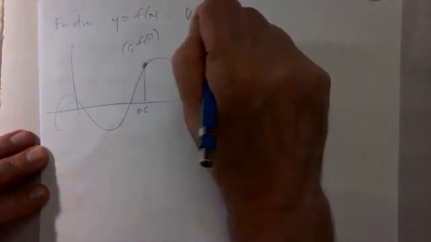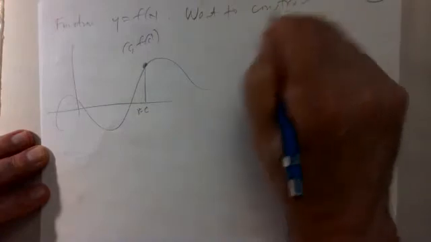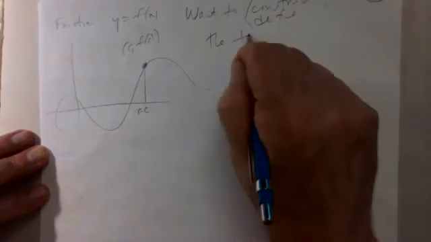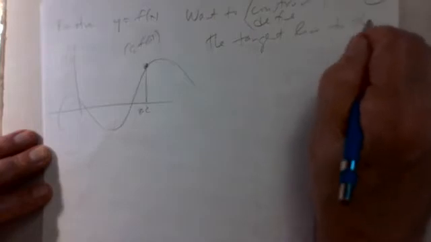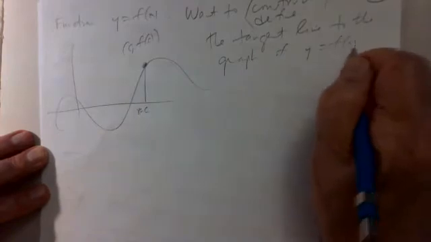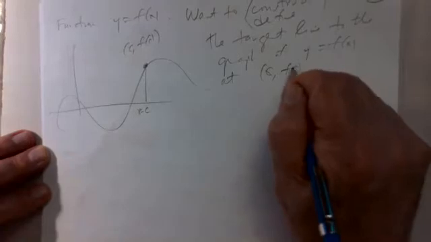So this point has coordinates c comma f of c. We could do something similar. We want to construct or define the tangent, that means the tangent line, to the graph of y equals f of x at the point when x equals c and on the curve y is equal to f of c.